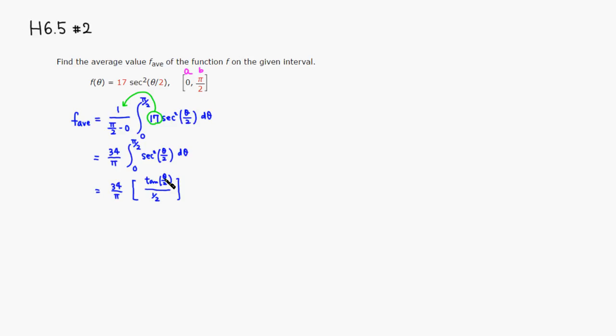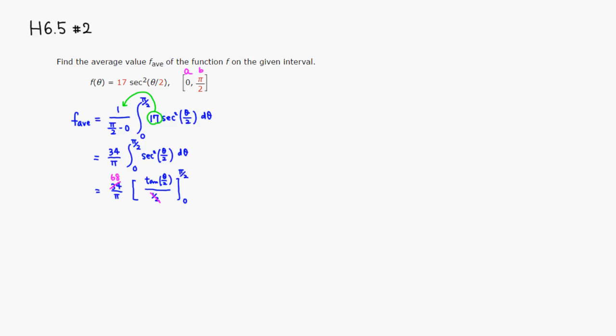Then by chain rule, multiply by the derivative inside, which is 1/2, which cancels the bottom 1/2. Dividing by 1/2 is equivalent to multiplying by 2, so I'm going to get rid of that and turn this into 68.